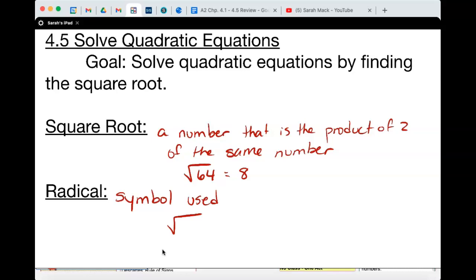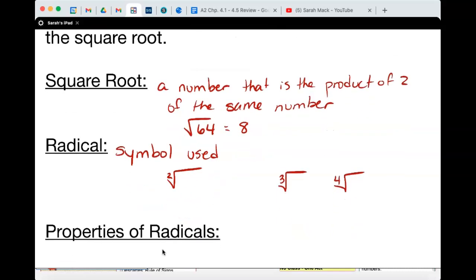Technically, for a square root, we're automatically assuming there's an imaginary 2 with the radical symbol, because I could have a 3 there, which makes it a cube root, or a 4th root. But if there's no number with the radical symbol, we're just assuming it's the square root of that number.